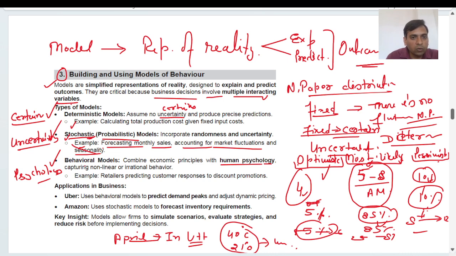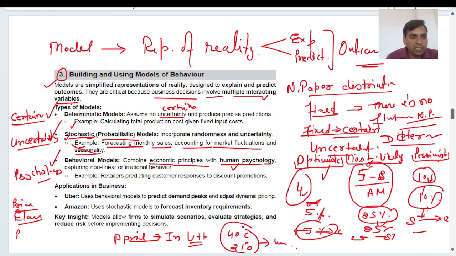And now the next, behavioral models combine economic principles with human psychology, capturing non-linear or irrational behavior. Now in this point we are considering two things: economic principles with human psychology. Economic principles like demand, price elasticity, or we can say demand elasticity.